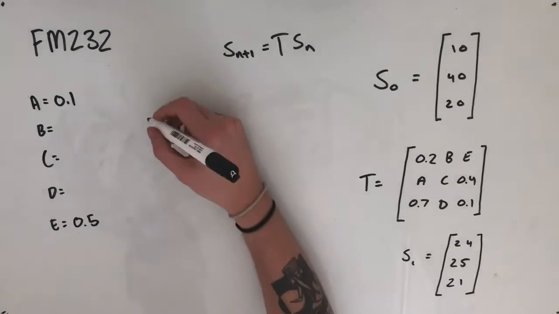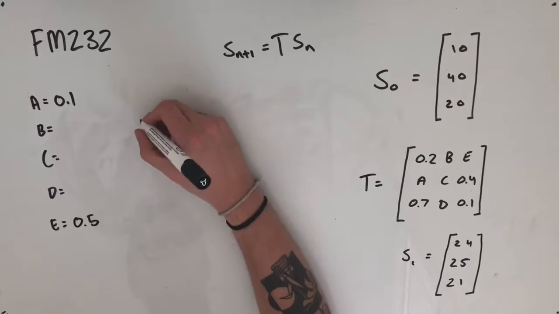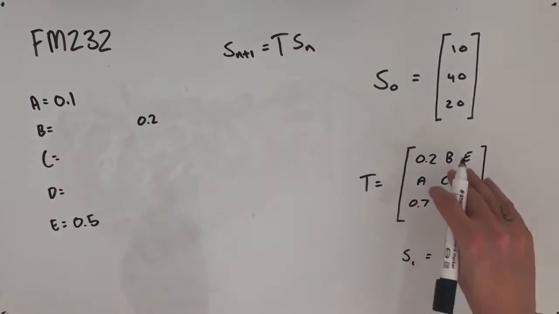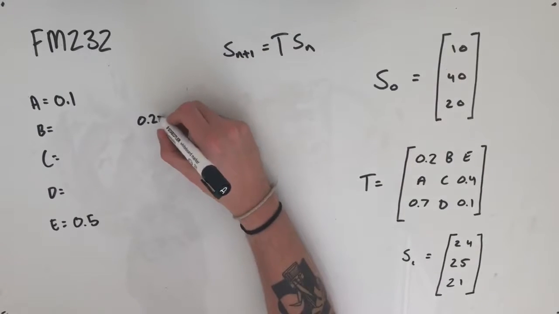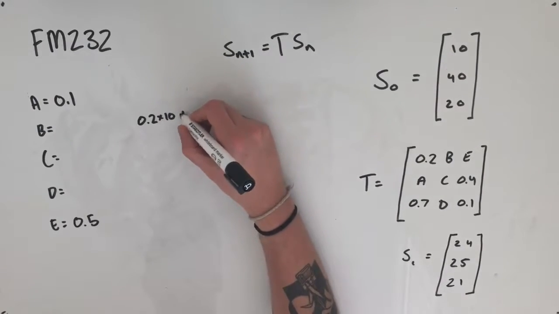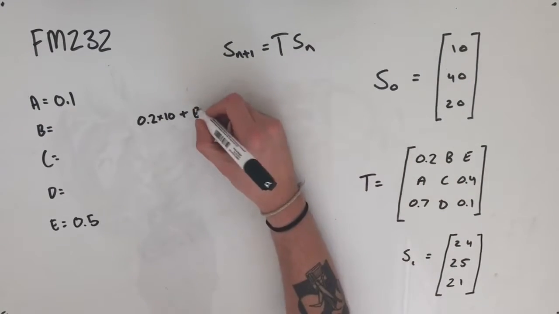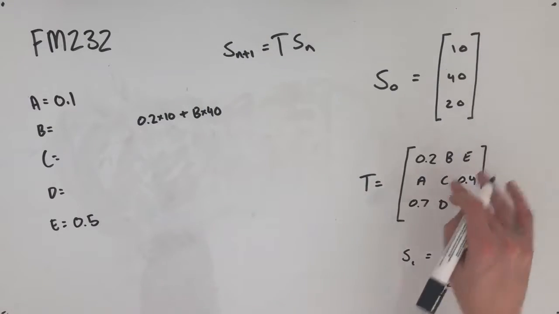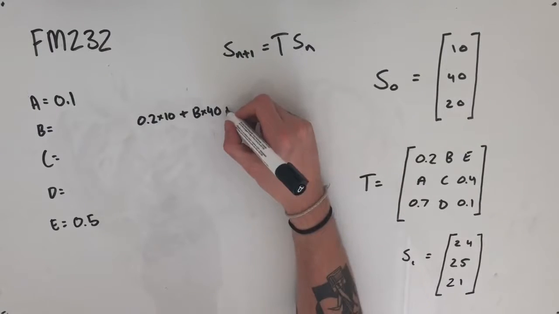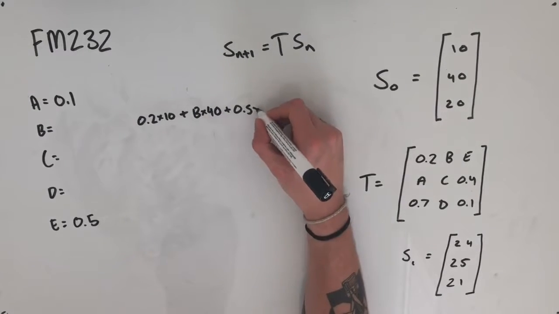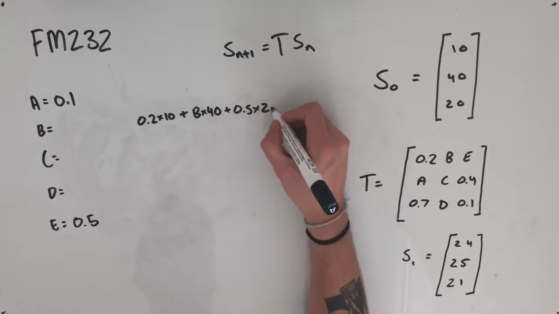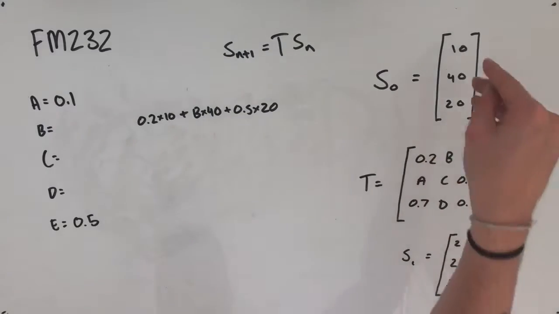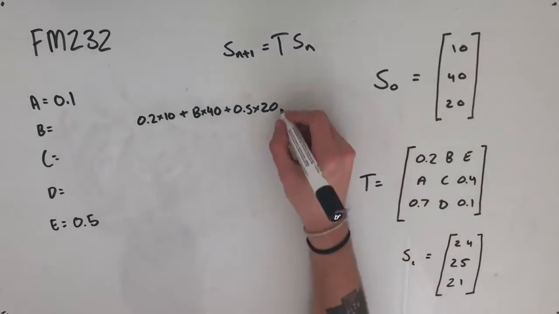So this 0.2 is going to line up with that 10: 0.2 times 10 plus B, whatever it might be, times 40, plus, and we've already figured out our value of A to be 0.5, so plus 0.5 times 20. Each of these elements lining up should give an answer of 24.